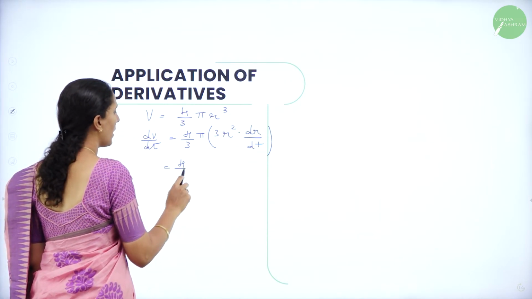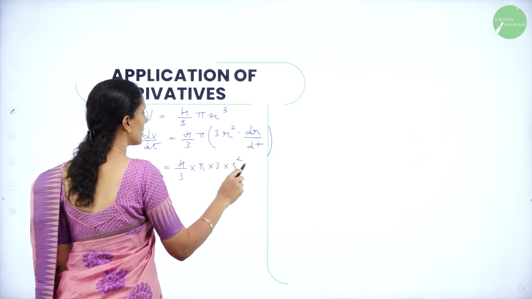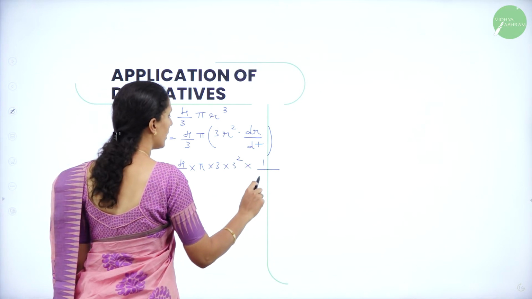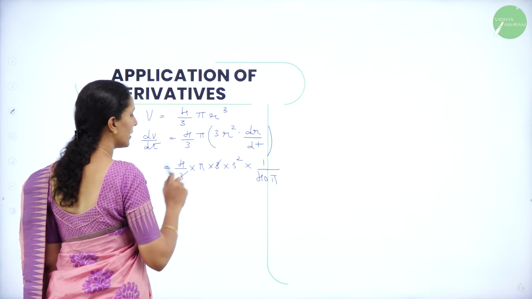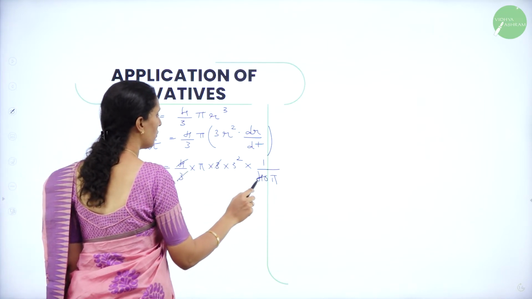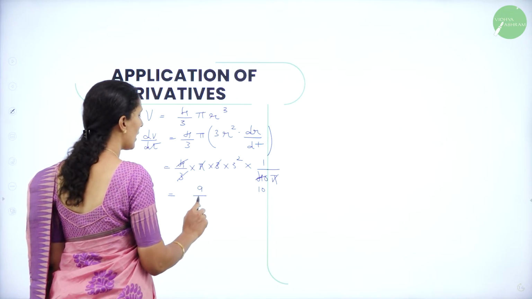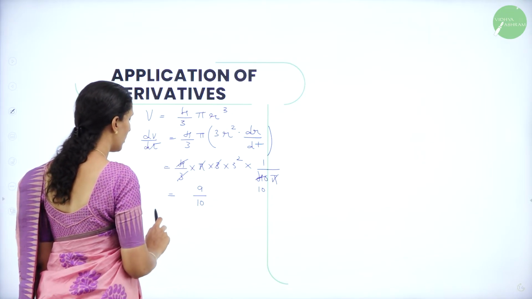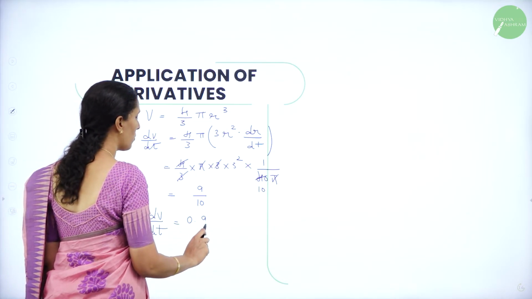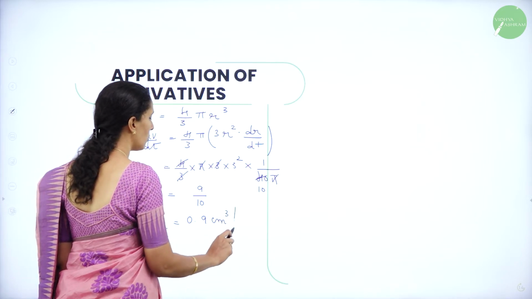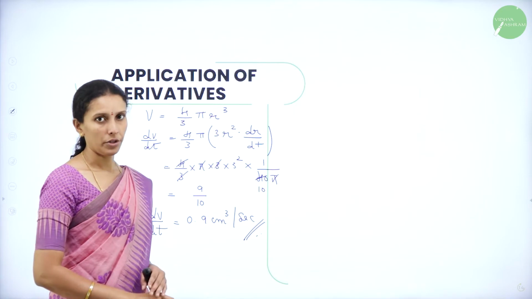So 4 by 3 into pi into 3 into 3 square into 1 divided by 40 pi. So we can cancel 3, 3. Here 4 ones are 4, 4 tens are 40, pi and pi. So we get it as 9 by 10, or dV by dt can be written as 0.9 centimeter cube per second. So this is the change in volume.